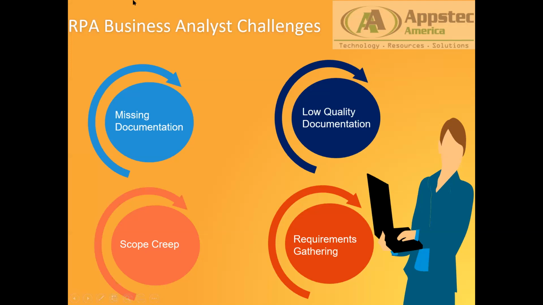Now, let's say you have been onboarded by a client where you have taken over from a previous RPA business analyst who had managed certain projects, but that business analyst did not do extensive documentation, or documents are missing.